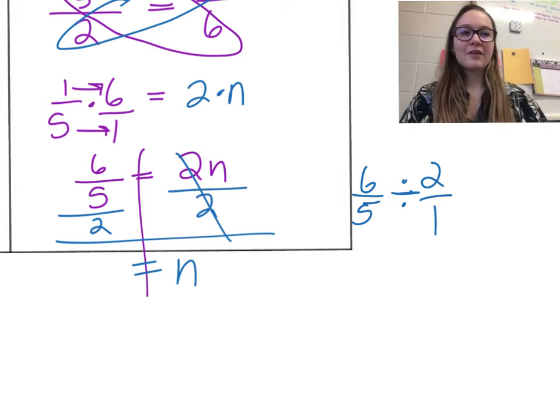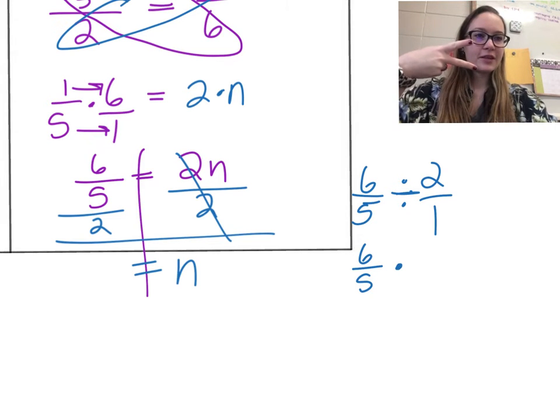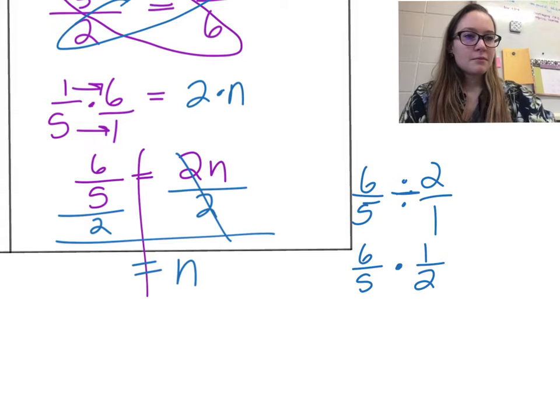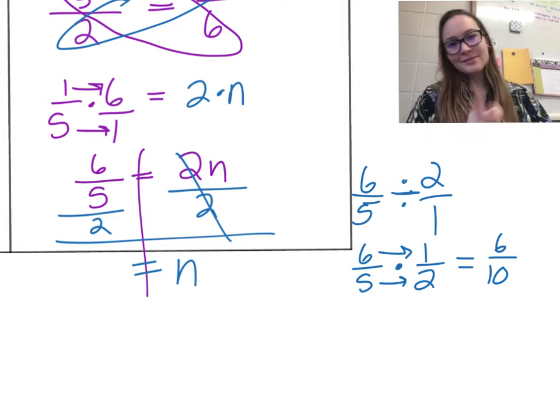Okay. Then to divide fractions, I keep the first fraction. I switch to multiplication. I flip the second fraction. Okay. And now I can multiply across. 6 times 1 is 6. 5 times 2 is 10. But we gotta reduce.